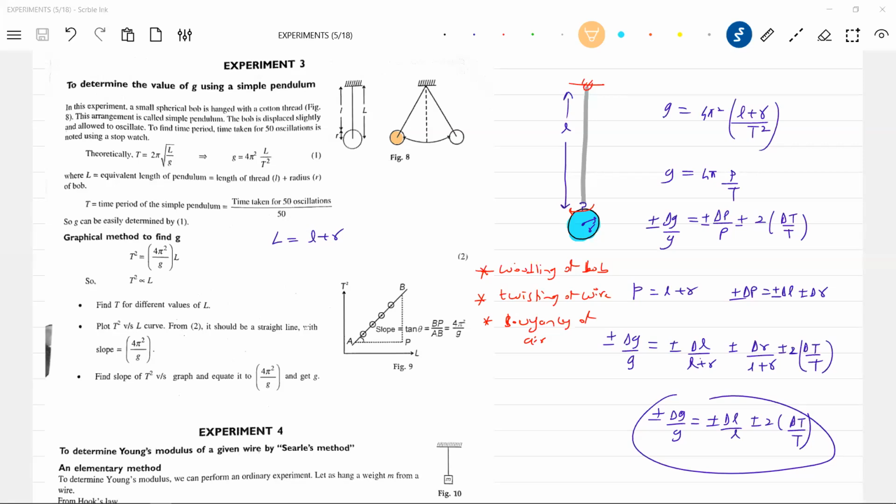Which section are you, Ramesh? I'm asking the section. Alpha, junior alpha. I don't know.